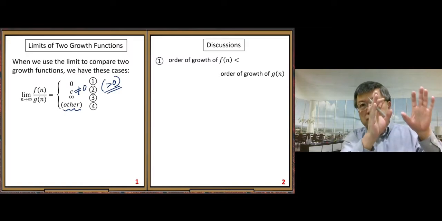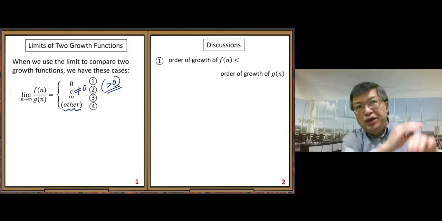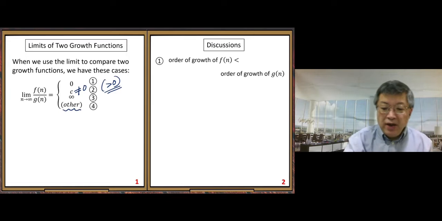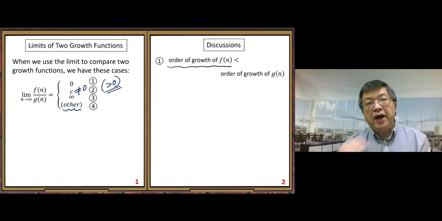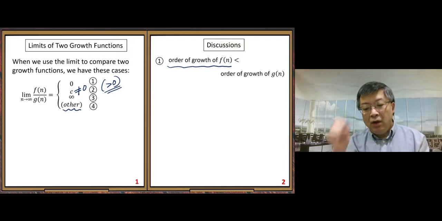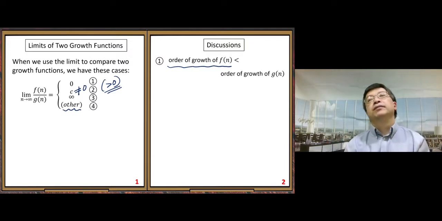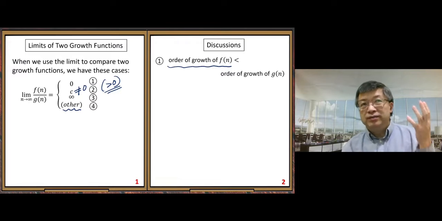Based on that intuition, we can say the order of growth of f of n is less than the order of growth of g of n.